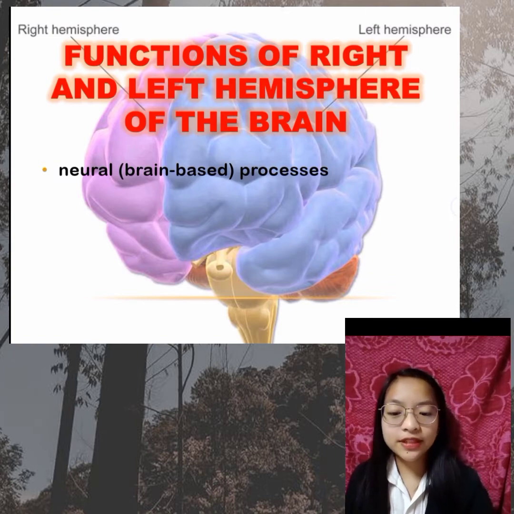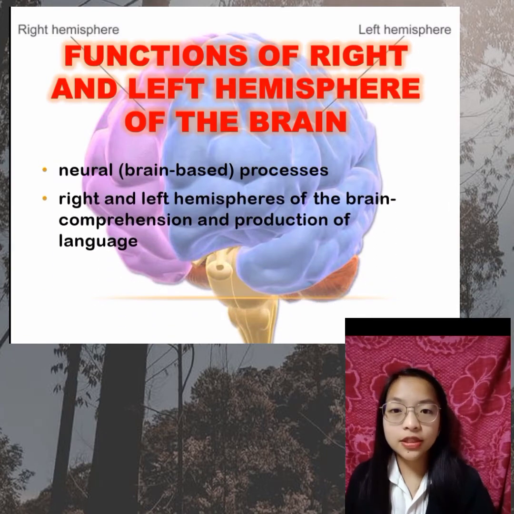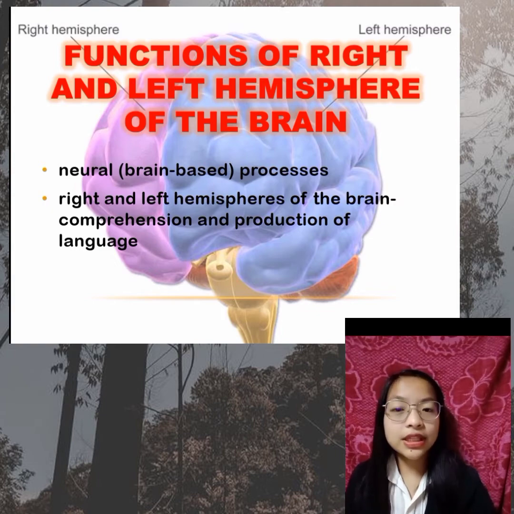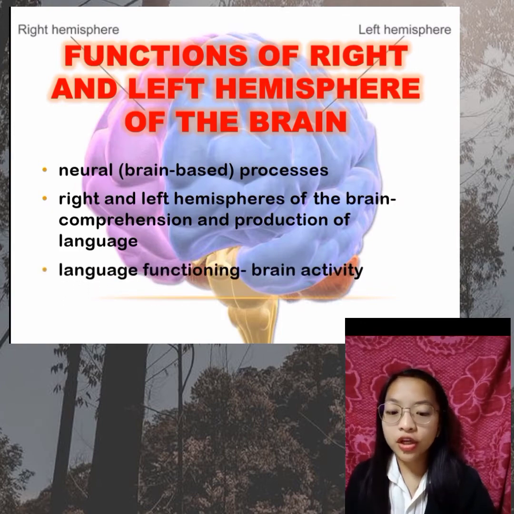Lamendella also believes that the right and left hemisphere of the brain are firmly related to the comprehension and production of language. Both hemispheres of the brain also account for age differences, formulaic speech, fossilization, and the pattern practice in second language acquisition. Thus, language functioning is also dependent on brain activity, particularly on the left hemisphere of the brain.